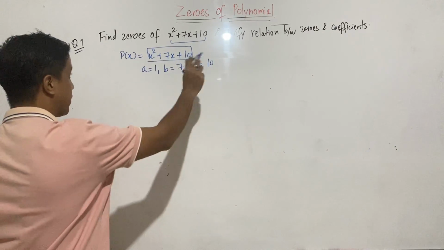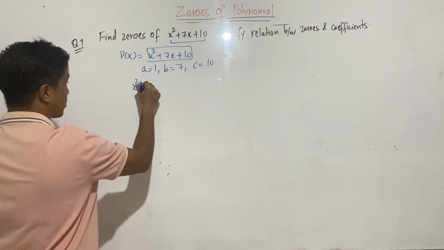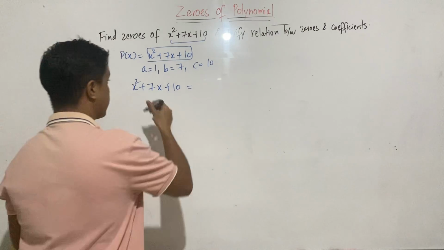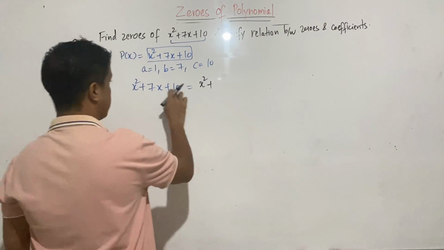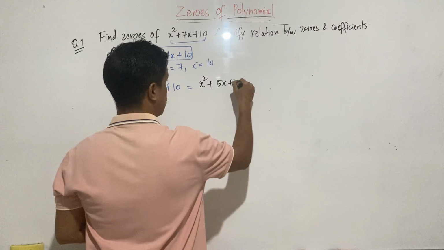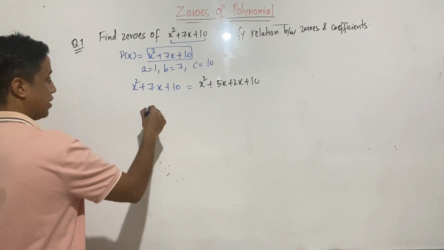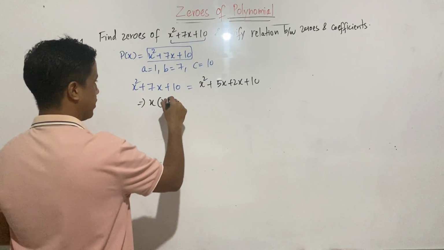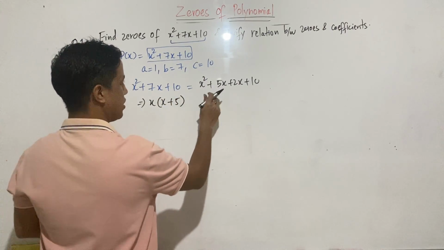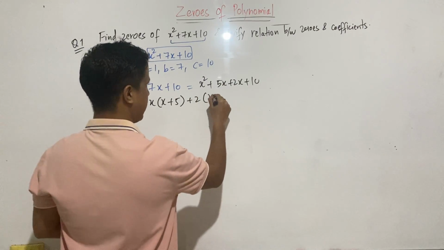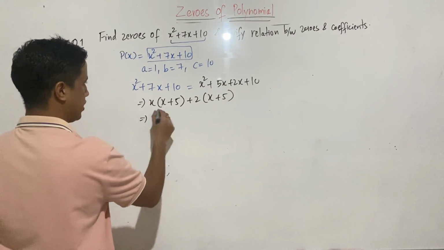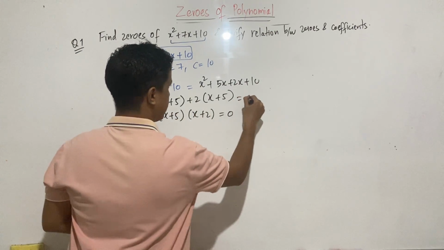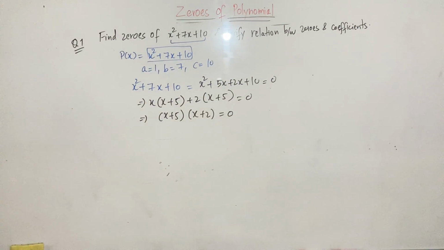So can I say x squared plus 7x plus 10, can I split the middle term, x squared plus 5x plus 2x plus 10, I'm just factorizing it, I think you know it, x(x plus 5) plus 2(x plus 5). So (x plus 5)(x plus 2) equal to 0, right?